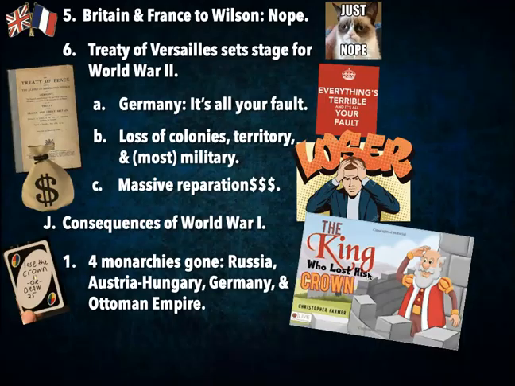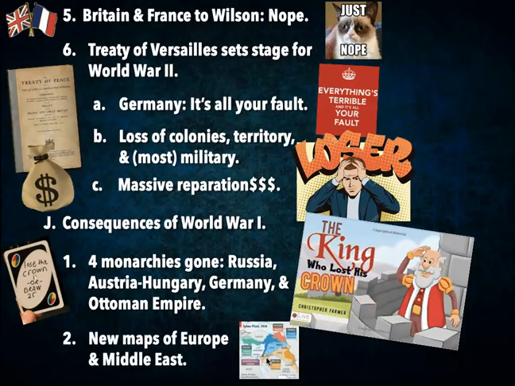And so, this huge change to the political landscape of Europe and beyond. We are also going to see these new maps of not only Europe, like I talked about, creation of new countries, that sort of thing, but we're also going to see, which we'll revisit later, a major shift that is beginning to take place in the Middle East.